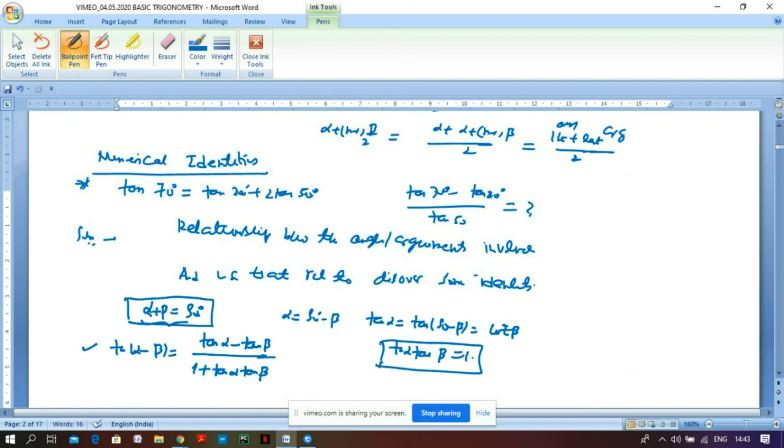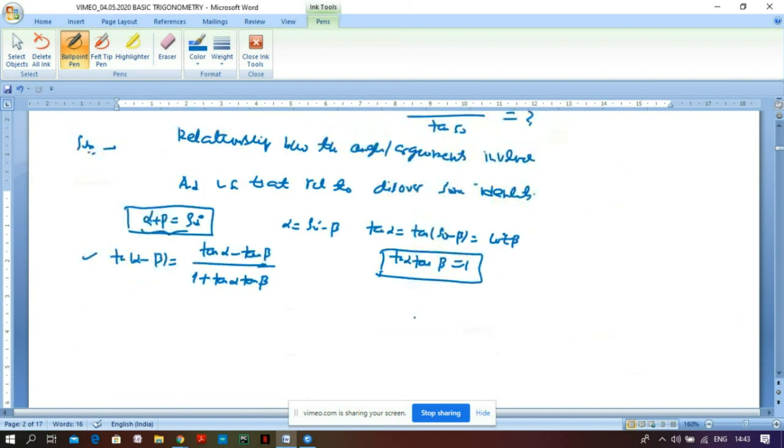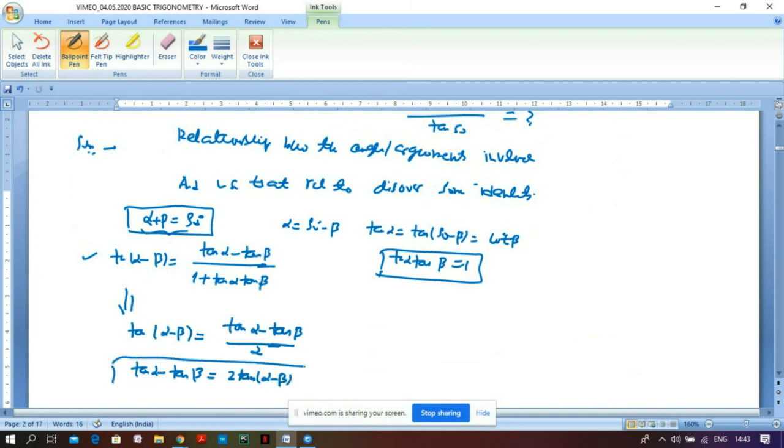So alpha plus beta is 90 degree means tan alpha tan beta is equal to 1. And now, if this is so, then this relation implies that tan of (alpha minus beta) equals (tan alpha minus tan beta) over 2, since 1 plus 1 is 2. And so I can write that tan alpha minus tan beta is twice tan of (alpha minus beta), provided, of course, alpha plus beta is 90 degree.